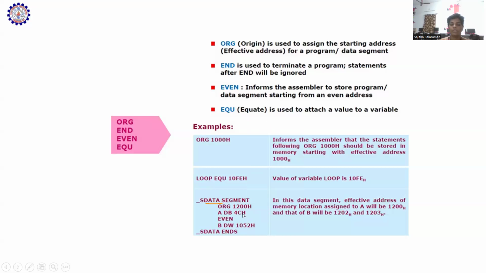Now A DB 4CH means A is the name for the variable which will be allocated 8 bits, and the value given is 4CH. And EVEN means the memory will be allocated from an even address. And B DW 1052H, again B is the user-defined name, and DW indicates that a word is assigned in the memory space, and the value is 1052H. And _SDATA ENDS means that the SDATA segment is ended here, and END means the end of the program.